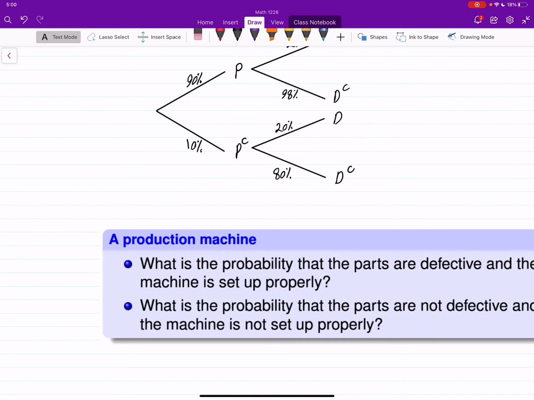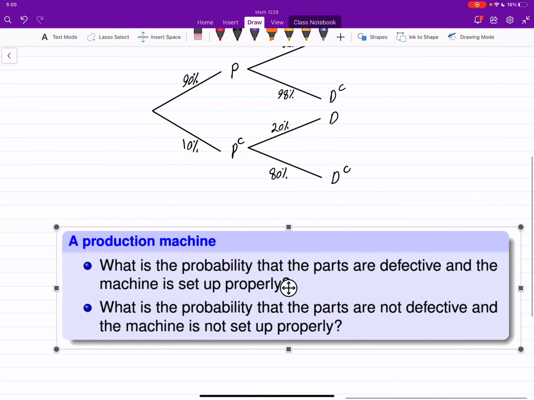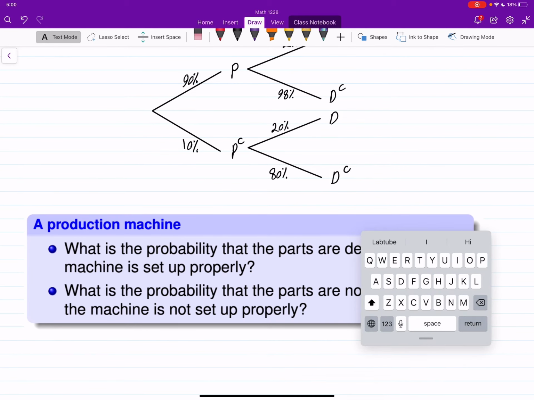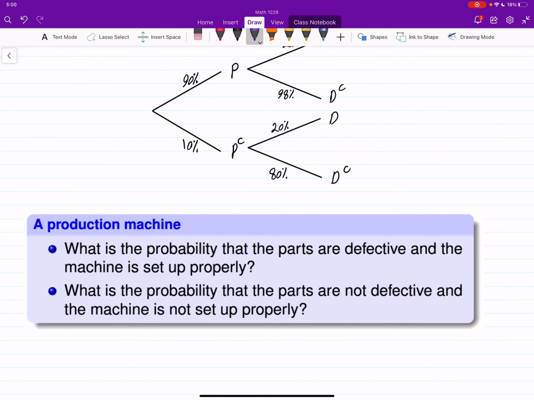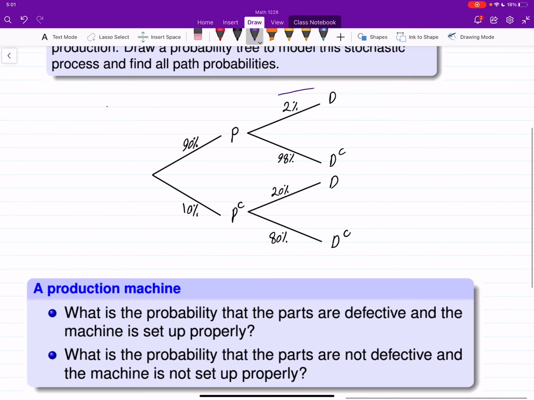Here what matters is that we have the tree, and now we want to see if we can use it to evaluate some of these probabilities: that parts are defective and the machine is set up properly. So we are trying to see what is the probability that we get defective and properly set up.